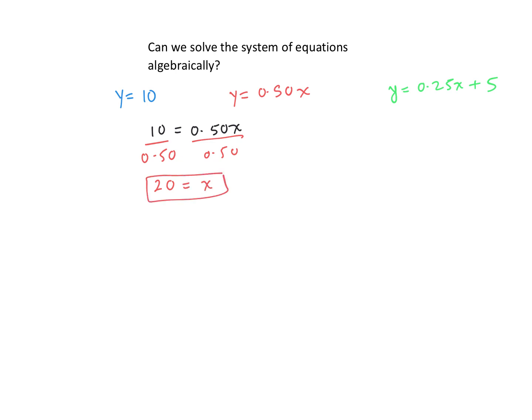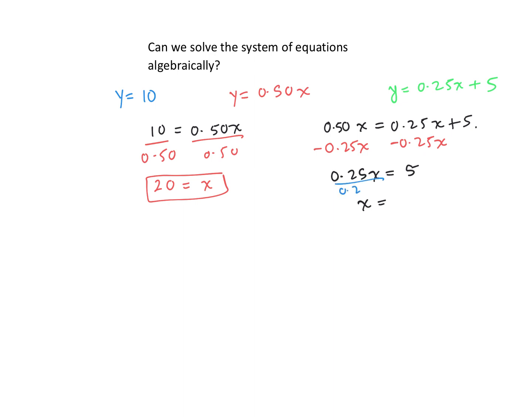I could also use these two. When does 0.50x equal 0.25x plus 5? So let's combine the x's. I'll get rid of this one here and put it over to the left side, which leaves me with 0.25x equals 5. And then divide by 0.25.